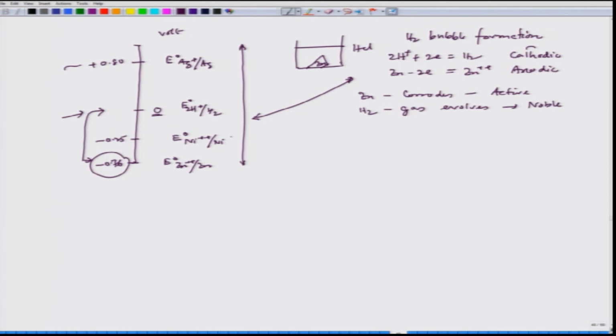Similarly, if we connect nickel and zinc, nickel ion reduction would be preferred and zinc would dissolve.